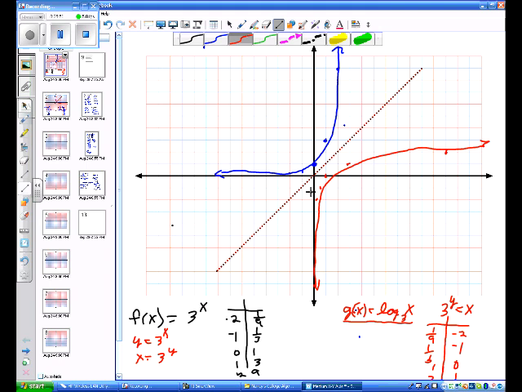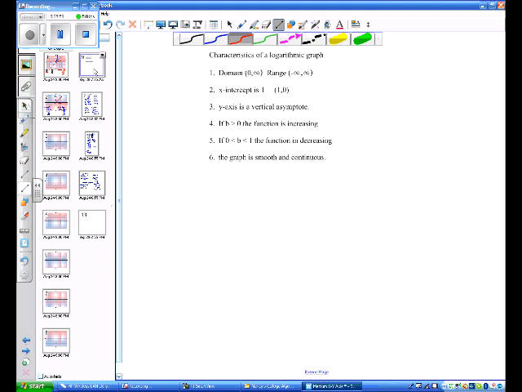Our domain was still 0 to positive infinity. Our range was negative infinity to positive infinity. So our domain and range just switched. When we had our exponential, negative infinity to positive infinity was our domain, 0 to infinity was our range. So we've just switched.